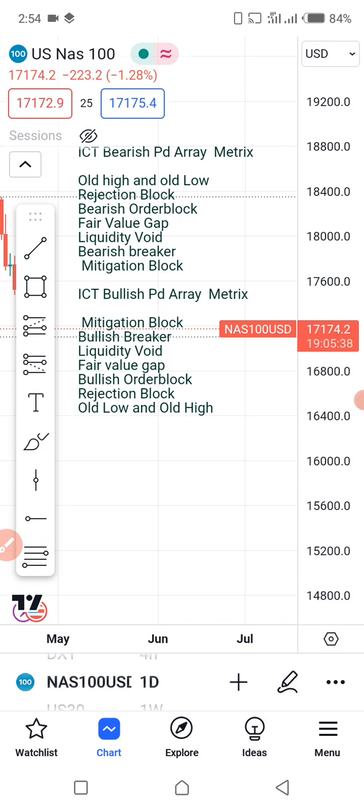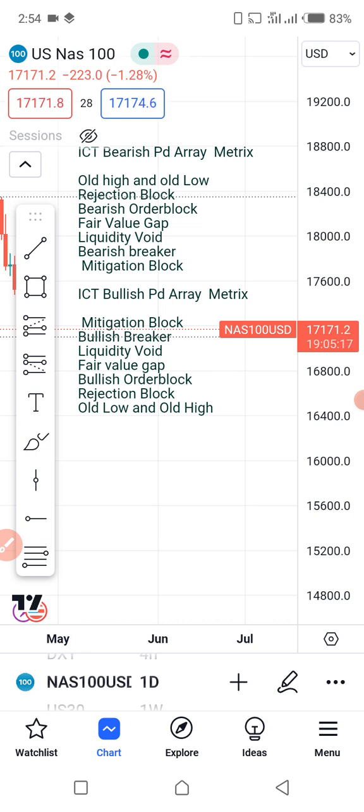If you are able to get familiar with these 7 ICT PD Array Matrix, and you are able to identify them on the chart whenever you are analyzing the chart or looking for trade entries, then you will take your trading career to the next level.